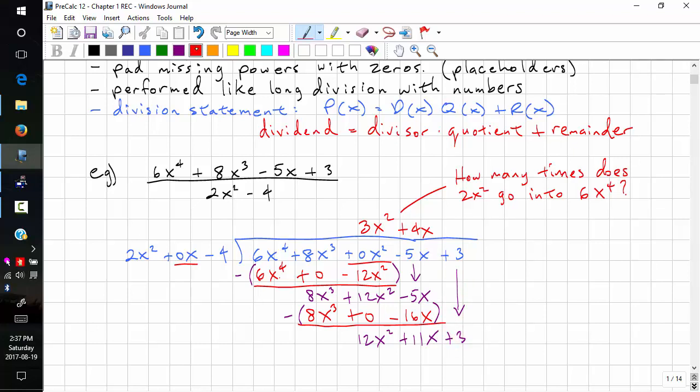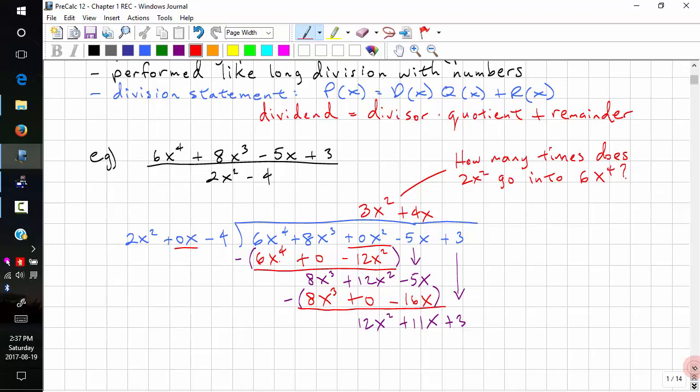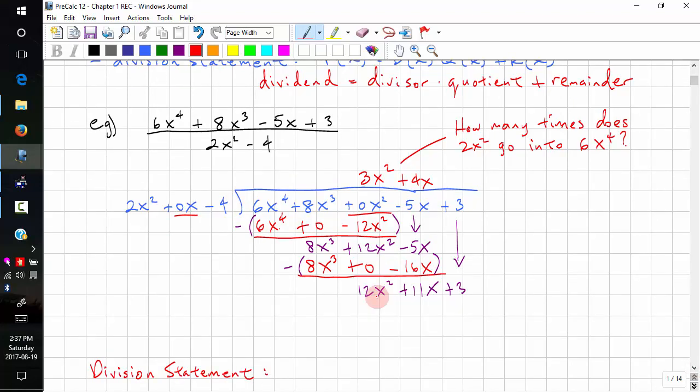Again, we repeat. We look at the leading terms. We have 12x squared divided by 2x squared, that's plus 6. 6 times 2x squared is 12x squared. 6 times 0 is 0. And 6 times negative 4 is minus 24. We subtract 0, 11x.